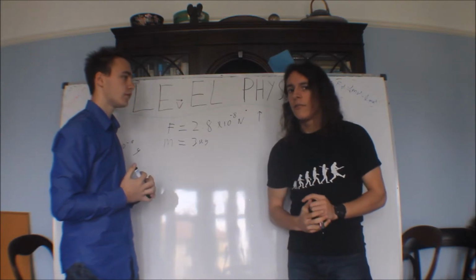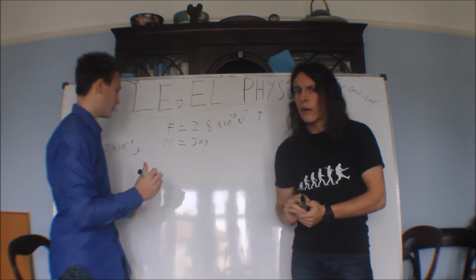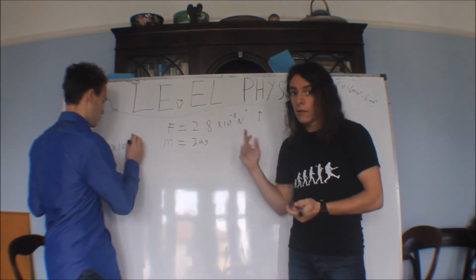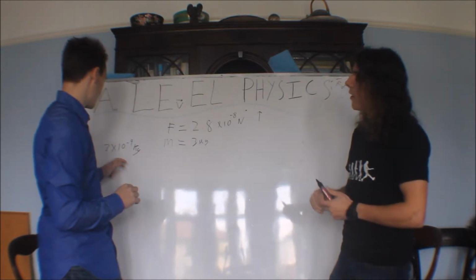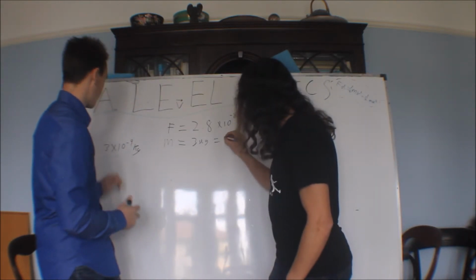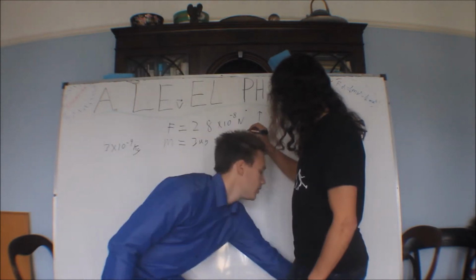It's the only quantity in physics whose SI unit, a standard unit, is kilograms. So we need to convert that, so it becomes 3 times 10 to the minus 9. So that can now replace this mass: 3 times 10 to the minus 9 kilograms.